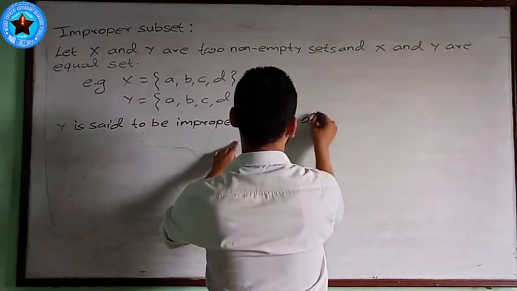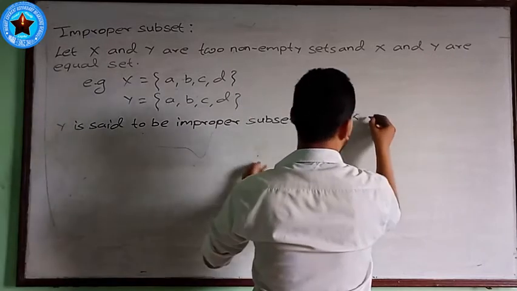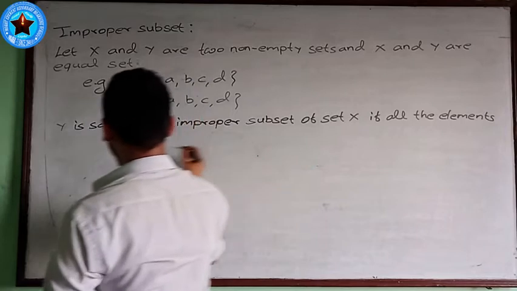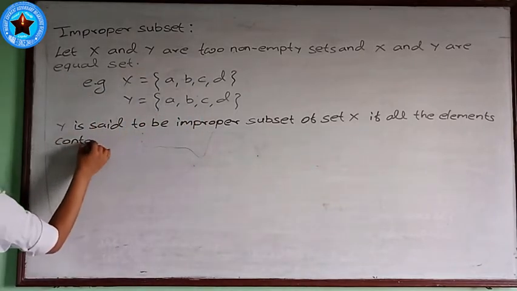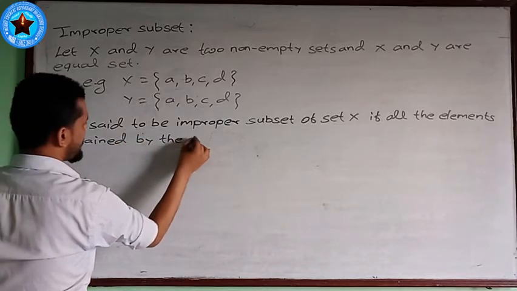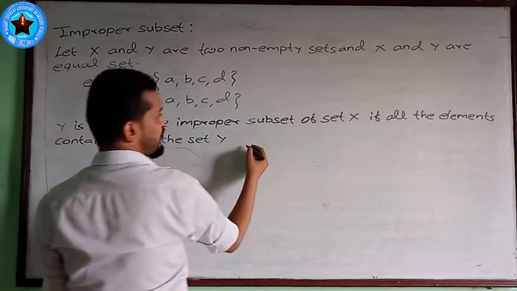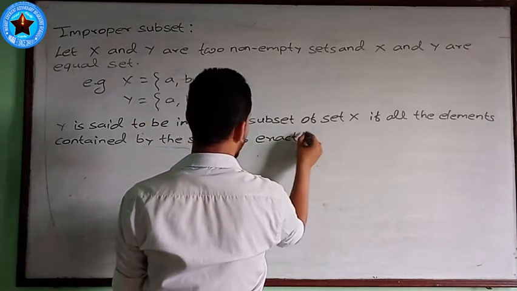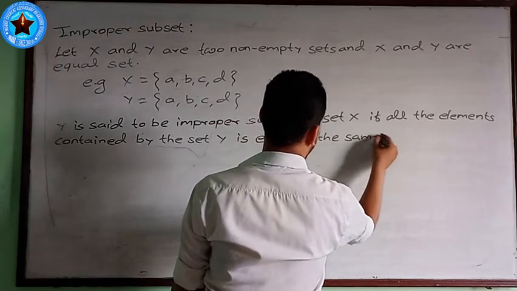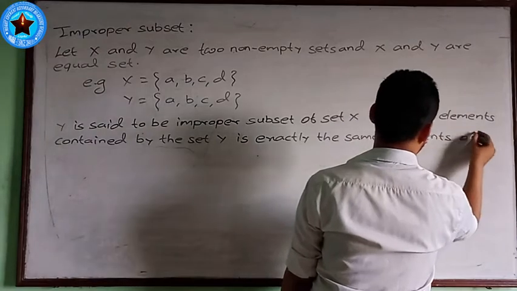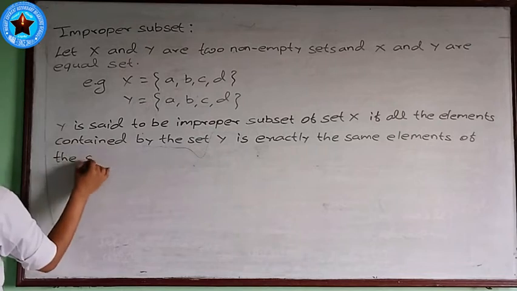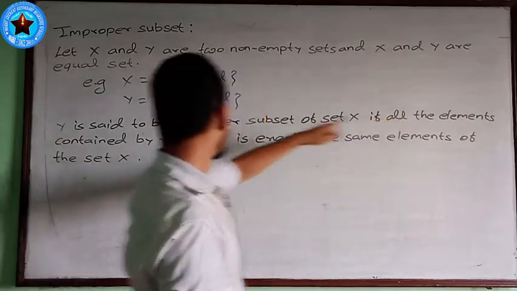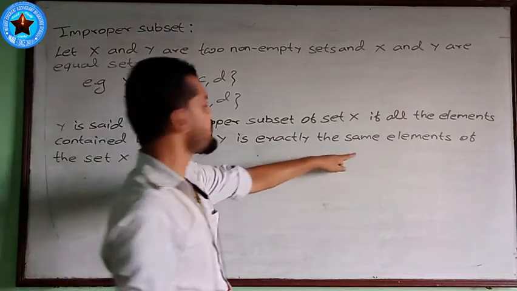Y is said to be an improper subset of set x if all the elements contained by the set y are exactly the same elements of the set x.